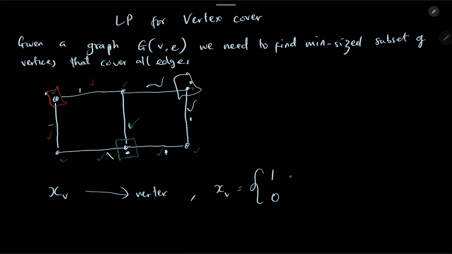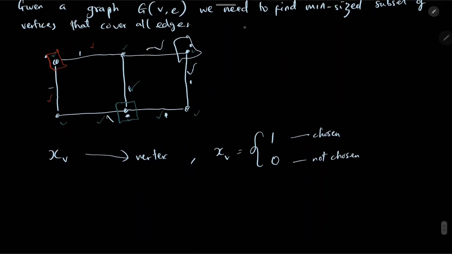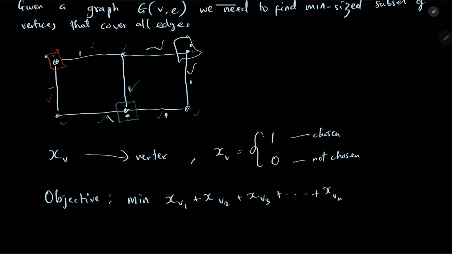So we have 1 for when it's chosen, 0 for when it's not chosen. And what will be our objective function? Like I said, we want to find a minimum size subset of vertices. So our objective function will be the minimum of the sum of these vertices. This would be our objective function.